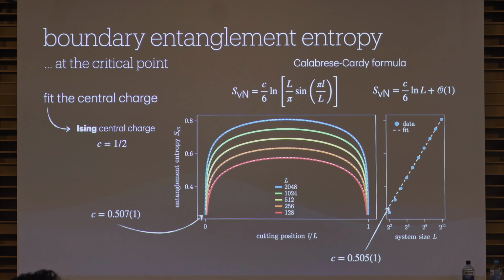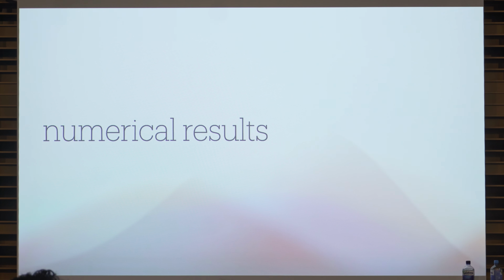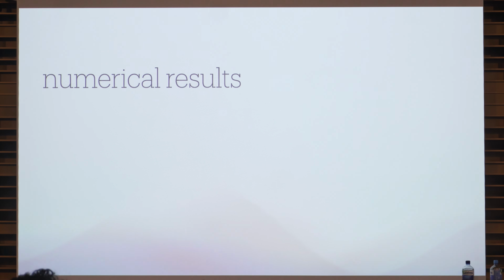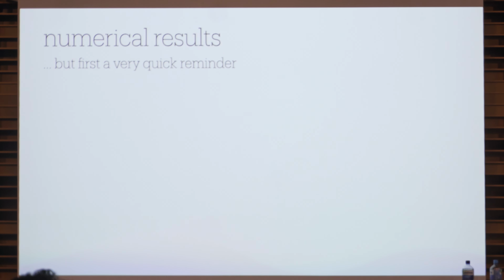So at this point, we are kind of satisfied with our benchmarks, and we want to go back to the system that we really want to study, which is this phase diagram that I showed you earlier. So let's shift back and get to the numerical results. But before I do that, let me quickly remind you what we actually were looking at.